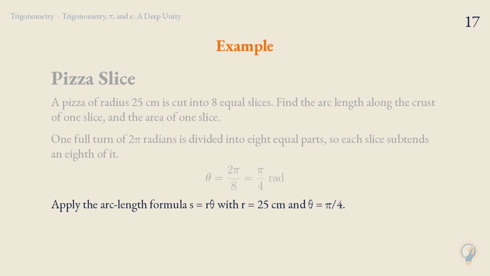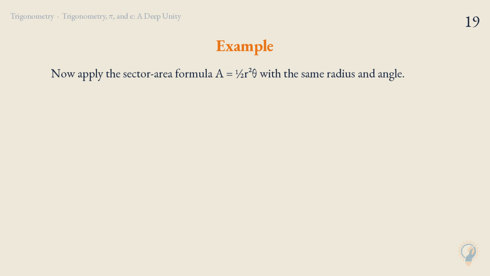Apply the arc length formula s equals r theta, with r equal to 25 centimeters and theta equal to pi over 4. S equals 25 times pi over 4, which is approximately 19.63 centimeters. Now apply the sector area formula A equals 1/2 r squared theta with the same radius and angle.